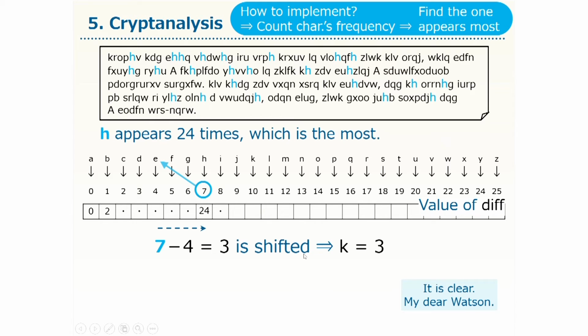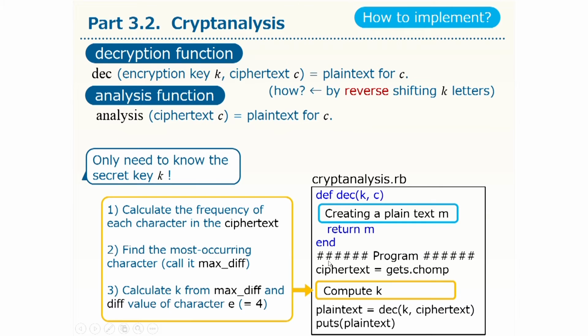Okay? We looked at what appears most often, then accordingly find how far its position is from A in the alphabet. If it should have been E, then the distance is 4. But in this example, the distance is 7, which tells us the letter was shifted by 3 to create this ciphertext. Let me wrap up.